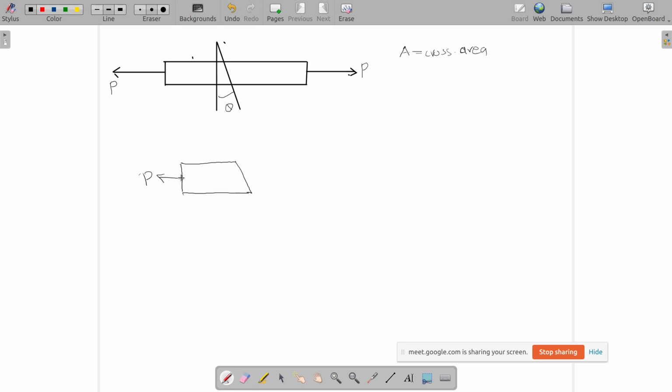Now the question here is, on the left side you have the external force P. On the right side, since we have cut the object, there are going to be internal stresses. So we need to find out what are those internal stresses.